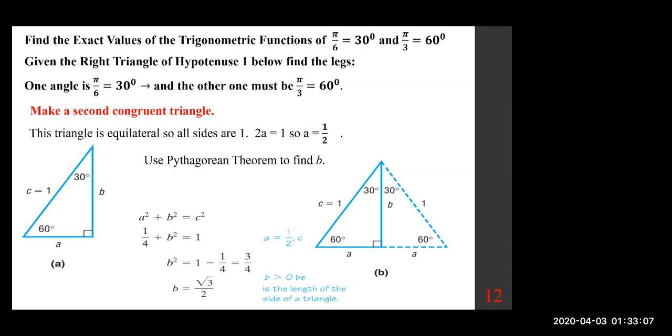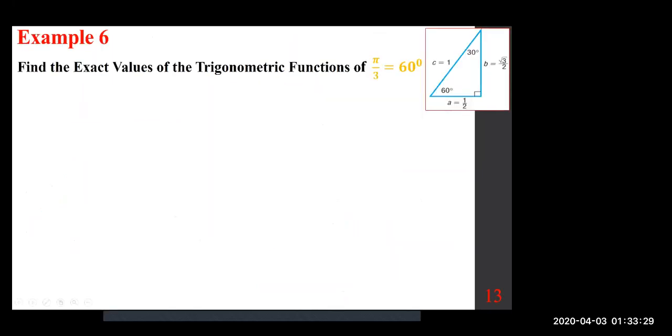We put an identical triangle to one side, we added. It resulted in an equilateral triangle having all sides equal, all angles equal. Angles are 60 degrees, and the sides are 1, which means now that we have the sides A equals 1/2 and B equals square root of 3/2.